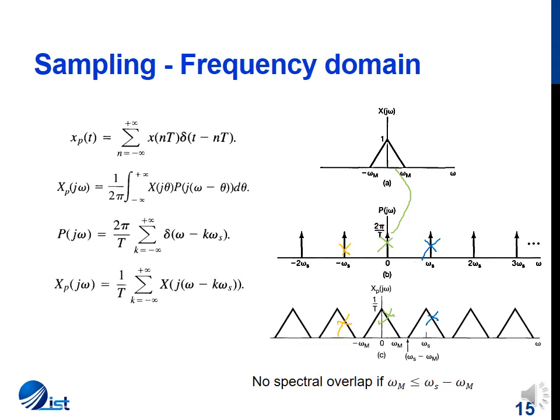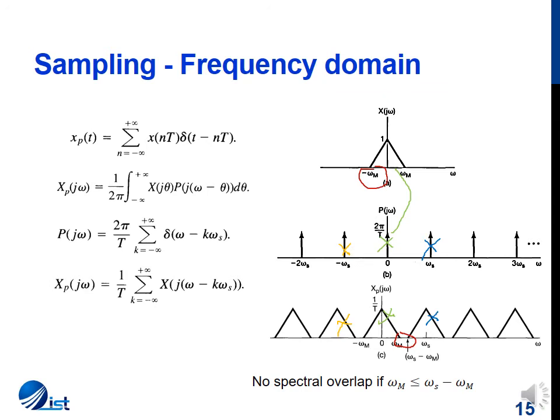Now each of these signals is separated from its replica by a frequency. If this was omega m and this is omega s, then this edge represents omega s minus omega m, because this edge was omega m.